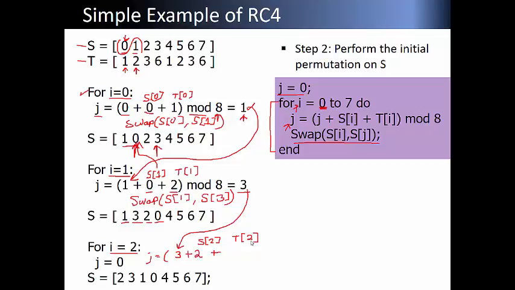Plus T of 2, all the way up here, 0, 1, 2. So it is 3. And mod 8. What is it? 3 plus 2 plus 3 is 8, right? So 8 mod 8 is 0. That is the way that we have 0.